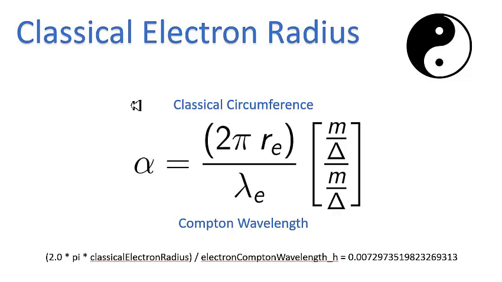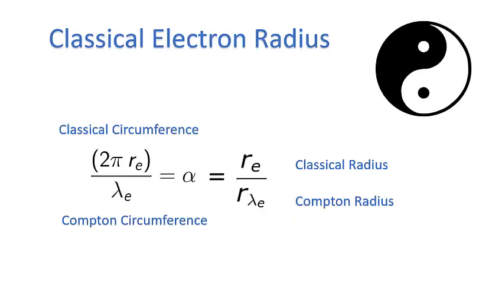So this equation here can also be written in terms of radius. Right now I've written it in terms of circumference, what I call the classical circumference, and the Compton wavelength, which is the circumference of my own particle system. But you could also simplify it and write it in terms of radius.